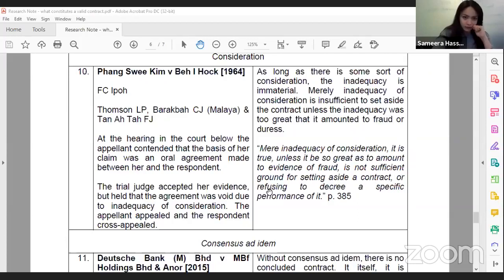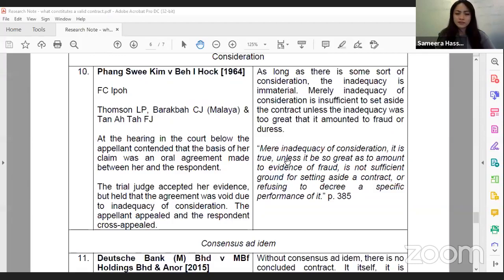So again, on the consideration part, as I said, there has to be some sort of transaction between the parties. It could be money, or it could be the transaction of my example of the car, for example. If the seller actually gave me the car, there has to be some sort of transaction of the item there. So in the case of Pang Sui Kim and Beh Ai Hock, it says that as long as there is some sort of consideration, the inadequacy is immaterial.